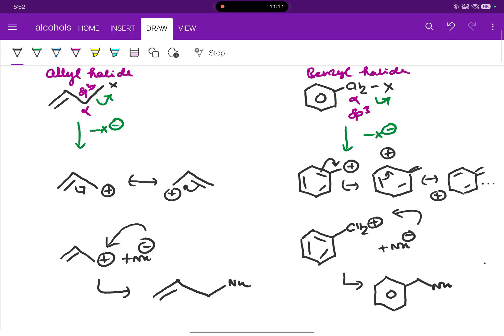So in both the cases, the reaction is possible. Allyl halide and benzyl halide, the nucleophilic attack is possible because they both form a stable carbocation. Why is the carbocation stable in both the cases? Because they are getting stabilized by resonance.